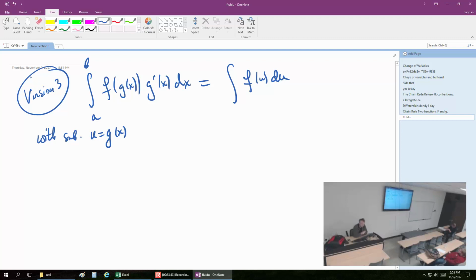Let me write this out, as it helps a lot to avoid confusion. There is no doubt that in the first integral not only the functions are with respect to x, the limits are also with respect to x. In the new integral, not only is the function with respect to u, the limits are also with respect to u. So all you have to see is how we get from a to what. What's the corresponding limit for u? You just substitute. So what's the lower limit for the second integral?